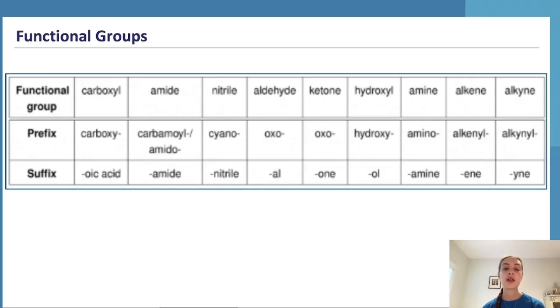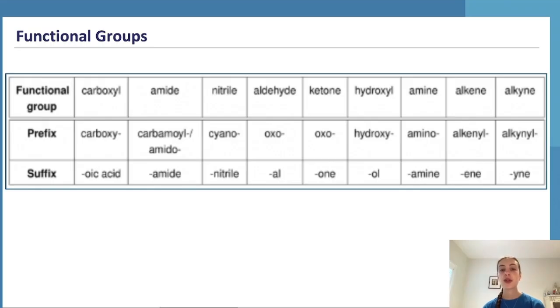Aldehydes, we're typically using the suffix of -al, but sometimes we may use the prefix of oxo, and same with ketones, they may also sometimes get the prefix of oxo, but typically they'll be using the suffix of -one, which is generally a lot more reliable because it really denotes the difference between aldehydes and ketones, because the suffix shows that they're a different class of organic compound, whereas the prefix doesn't show that very explicitly.